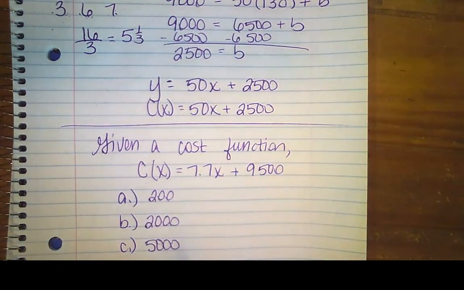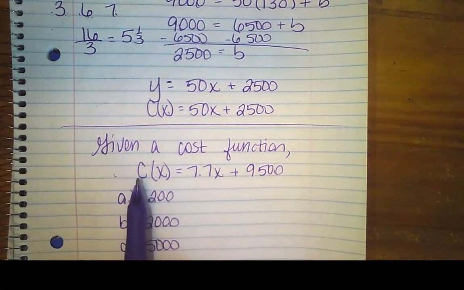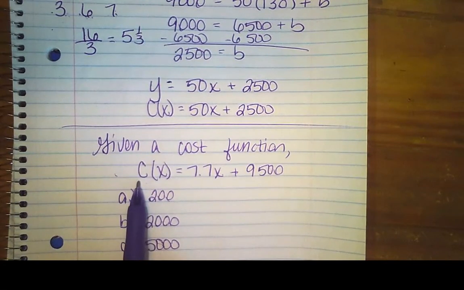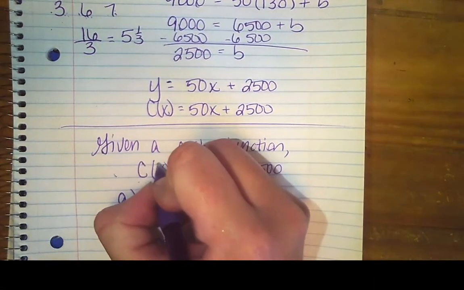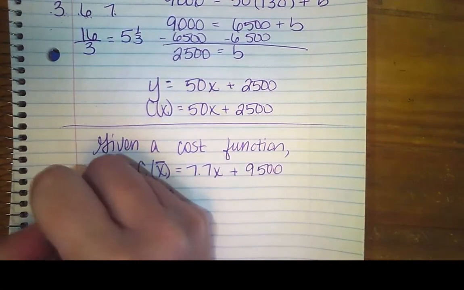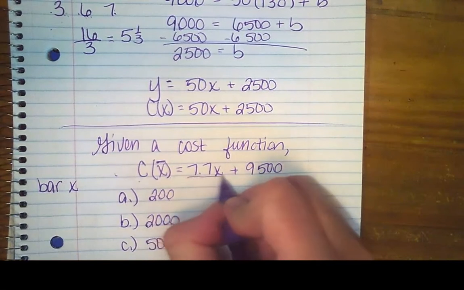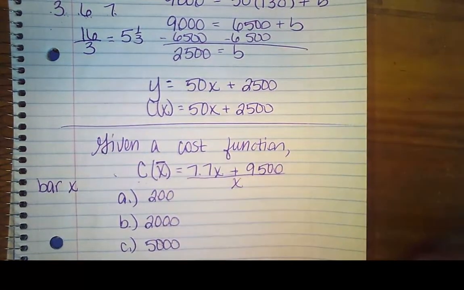So I'm going to modify my formula a little bit. Since this is the cost function, I'm going to find the average cost function, and I'm going to call that C bar x, literally bar x. And all that means is divide everything by x. You're going to average it out.